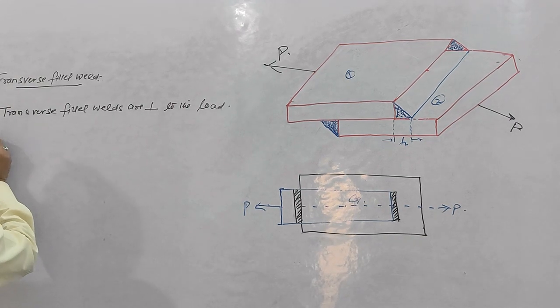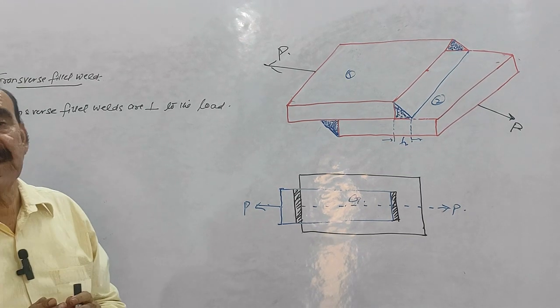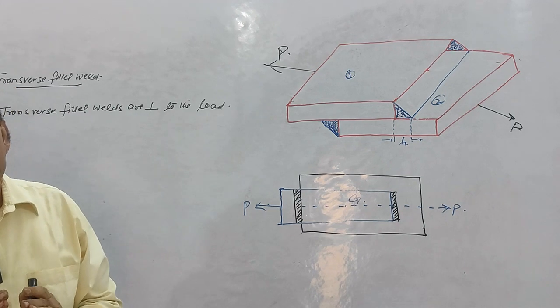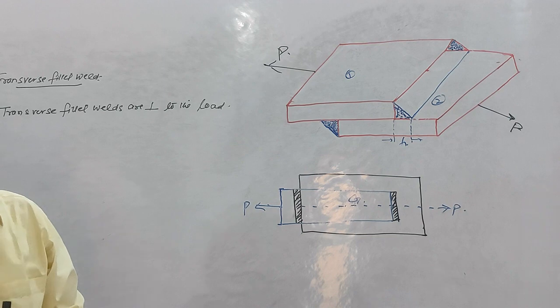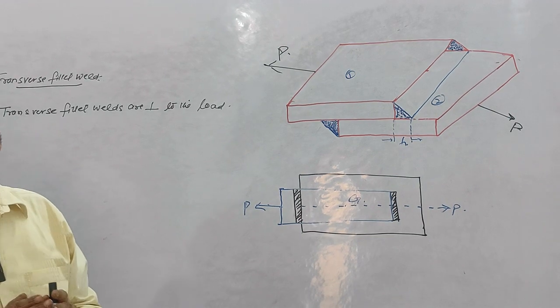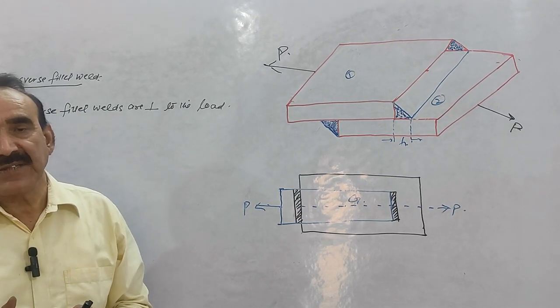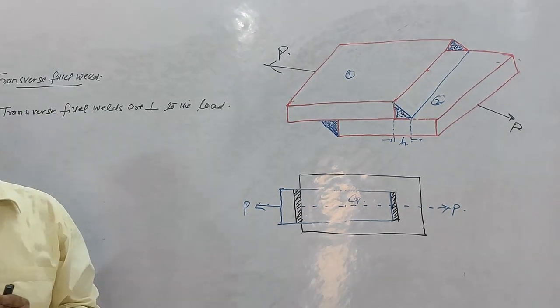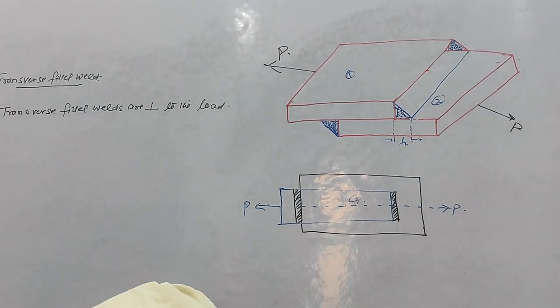और दूसरा जो इसमें एक बड़ा इंपॉर्टेंट पॉइंट है, in case of this parallel fillet weld, you understand this thing, that is not always that the action of force will pass through the centroid. Sometimes the force will pass below the centroid or above the centroid. So in that case, we have to readjust the welds. But in case of transverse fillet weld, the equation is that the force will always pass through the centroid.